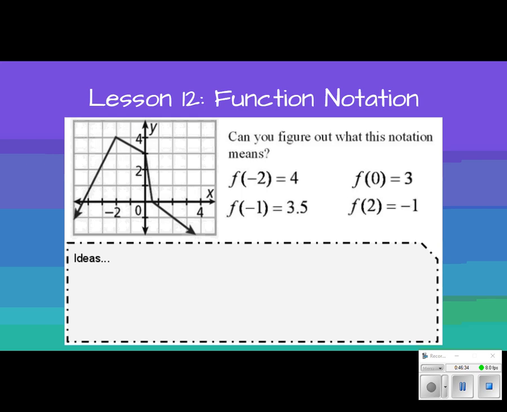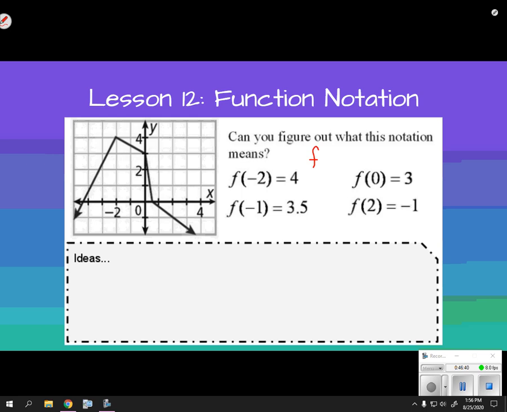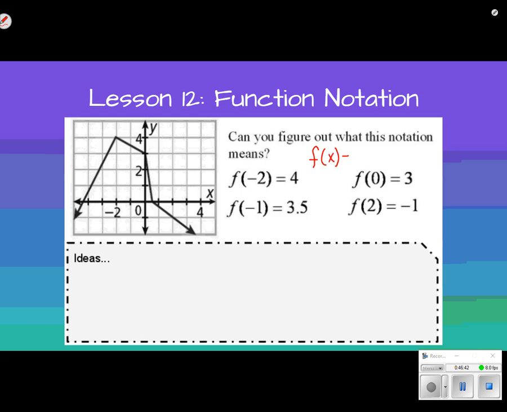Okay, so I'm going to show you some things that might help. The first thing I'm going to show you is f of x equals y. This is true. f of x always equals y, where x is the value on the inside of the parentheses. So there's an x, and there's an x, there's an x, and there's an x. The y is always after the equal sign.